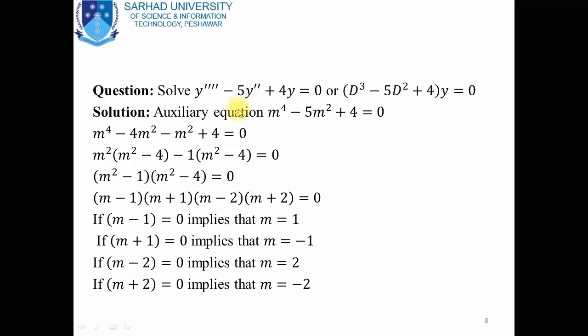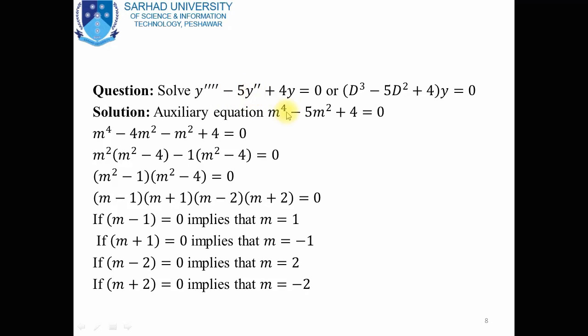This is actually a fourth order linear differential equation with constant coefficients. The auxiliary equation is m power 4 minus 5m square plus 4 is equal to 0. This is the auxiliary equation for this fourth order linear differential equation.